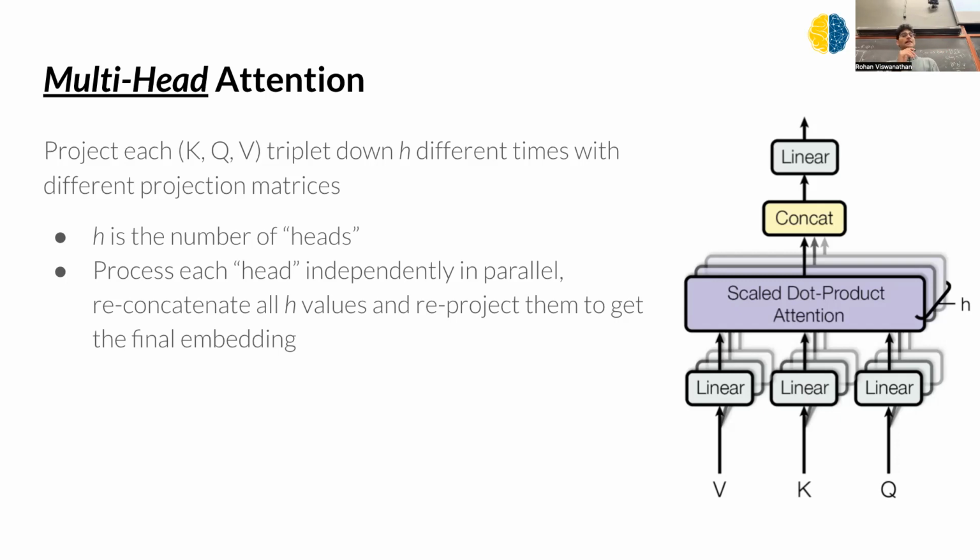We process each head independently in parallel, then reconcatenate all of these values at the end and reproject them to get the final embedding. The idea behind this is that each head can capture different aspects of the content and result in a more well-rounded feature selection at the end.